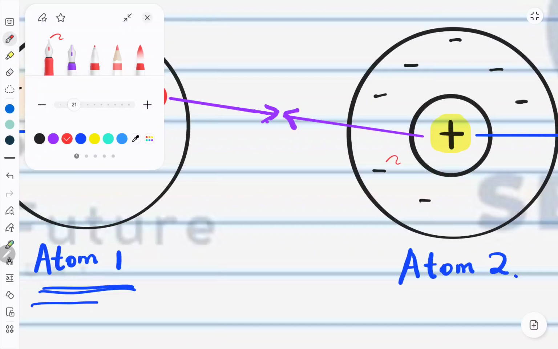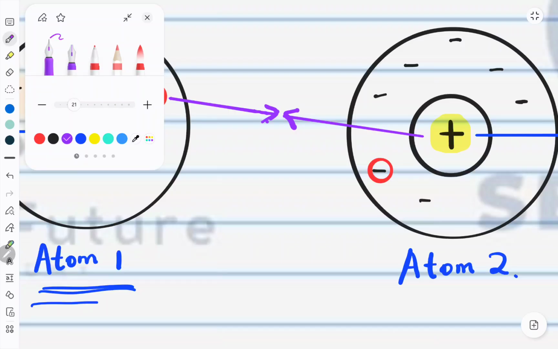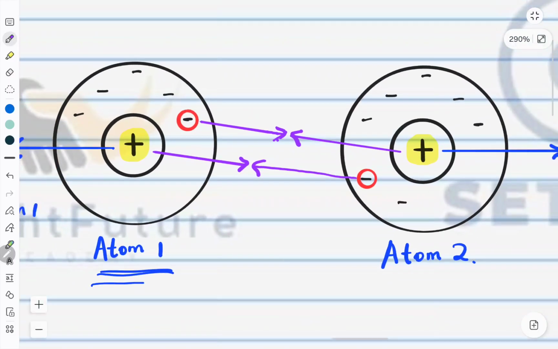The electron cloud of atom 2, we are focusing on one electron here because it's a bit strange to try and draw all these forces exerted by the entire electron cloud on that nucleus. But just imagine we are focusing on one point, right? So the electron cloud of atom 2 will exert a force on the nucleus of atom 1. This is what happens.